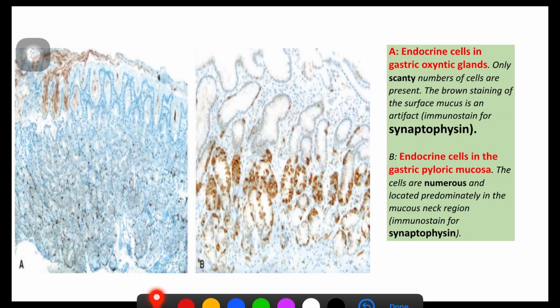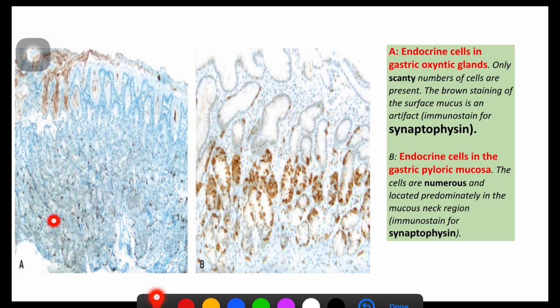Here you can see the synaptophysin IHC stain. In this oxyntic gland you can identify scanty numbers of endocrine cells, and in this section, the pyloric mucosa, you can identify numerous endocrine cells stained by synaptophysin.